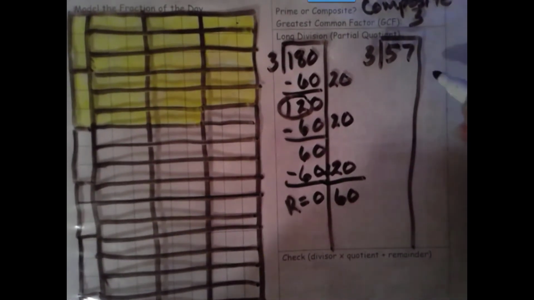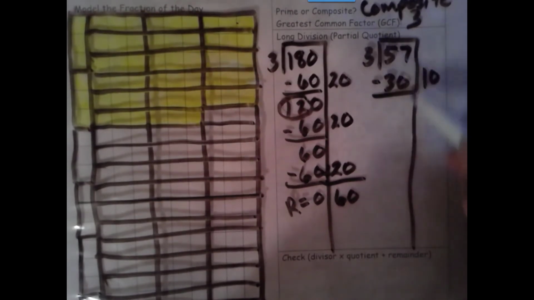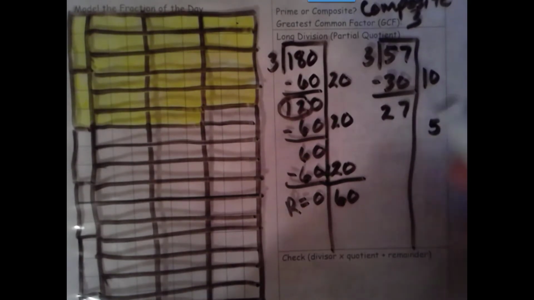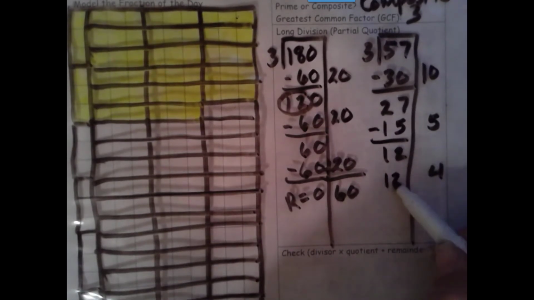Okay, now over here, 10 times 3 is 30. More on top, no need to stop. 5 times 3 is 15. More on top, no need to stop. And 4 times 3 is 12.